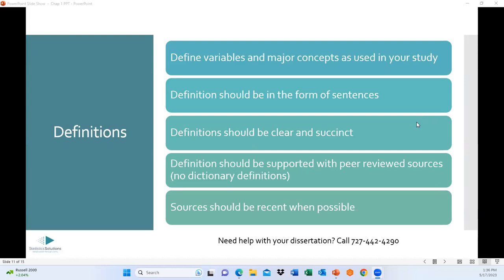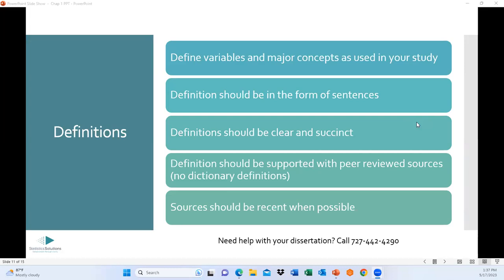If you're using Goleman's theory or Goleman's questionnaire, you want Goleman's definition of emotional intelligence. They're succinct. They're how you're going to use the term in your study, right? So usually a sentence, maybe 2 sentences, and they should all be supported with a peer-reviewed source.